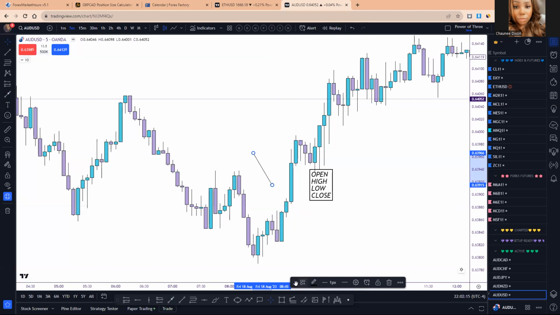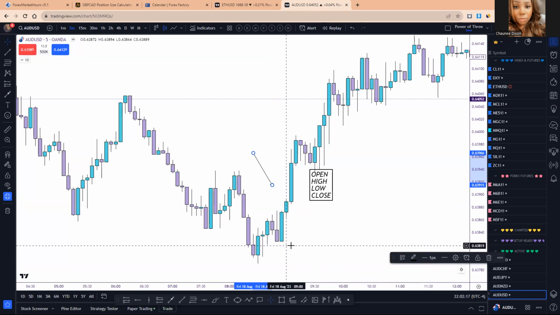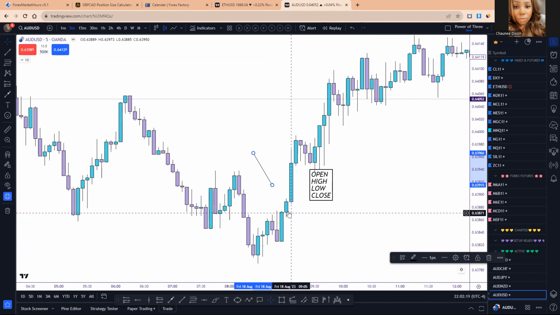So this was a candlestick at 9:05. At 9:05, it opened at this level. Then price did its thing within this 5 minute period. It went up and down, and then it closed above its open, but it also closed below its highest point. That's why there's a wick up here. Is that making sense? Yeah, that makes sense. Thank you. No problem.